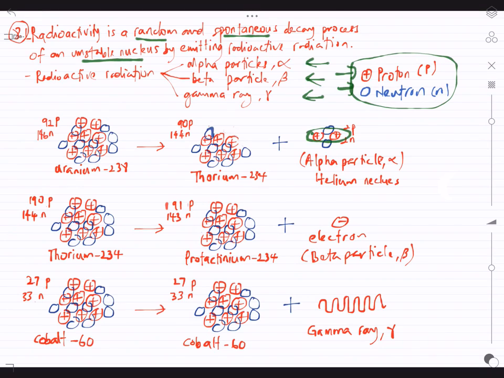And here are the neutrons. There are no more neutrons here because the neutrons have been released in the alpha particle, or the helium nucleus. That is why you can see the number has decreased. You can see the difference because the alpha particle has been released.